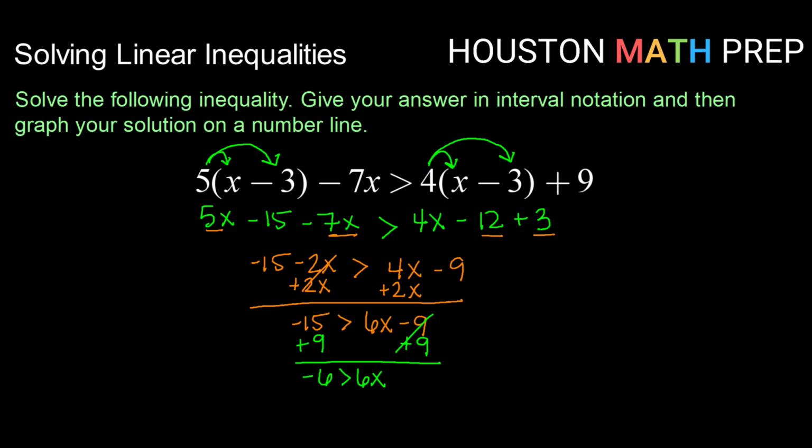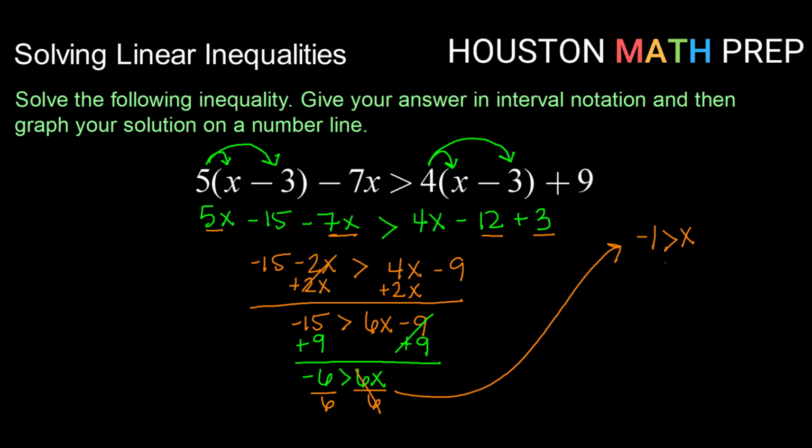Last but not least, I want to isolate that variable by dividing by 6. And so my inequality statement that I end up with is -1 is greater than x. Now this is the first time we've seen the variable on the right-hand side.